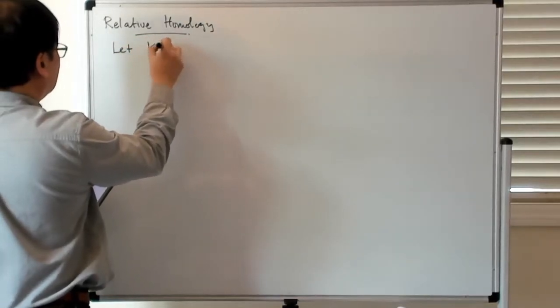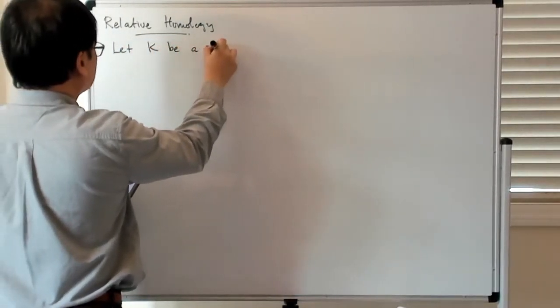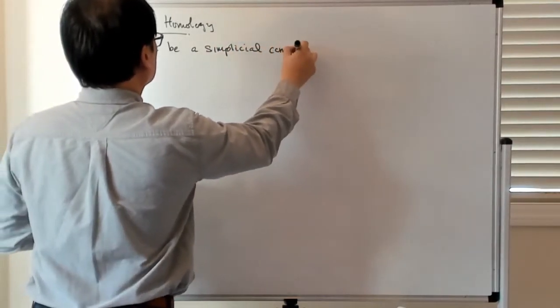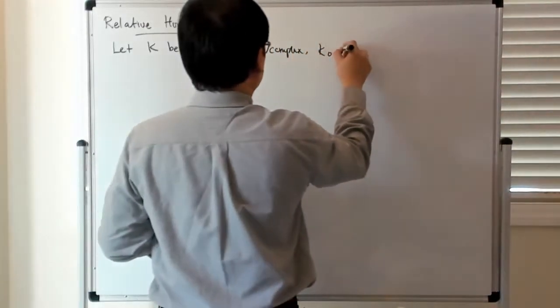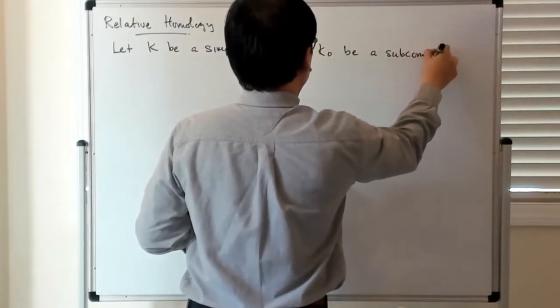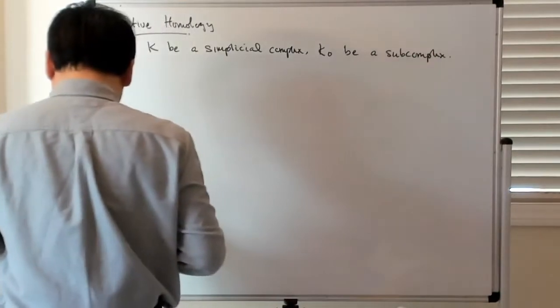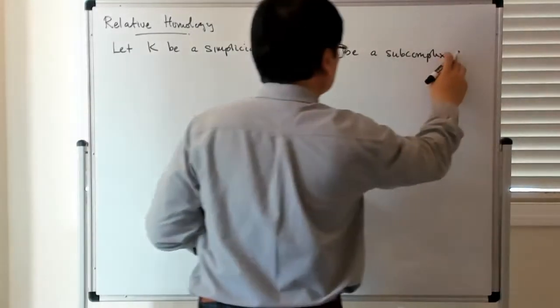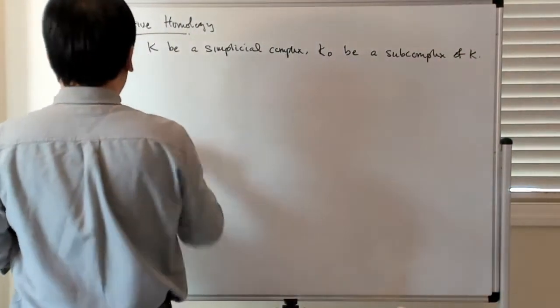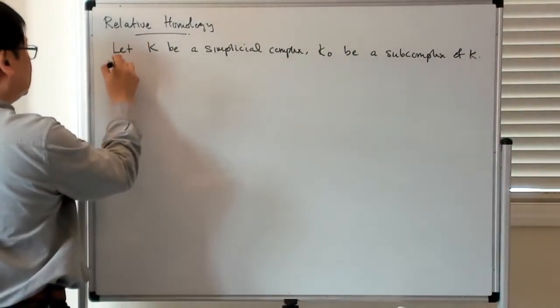So let K be a simplicial complex, and then K0 be a subcomplex of K. All right, then this leads to the idea of the relative chain group.